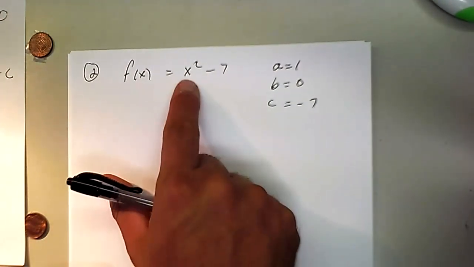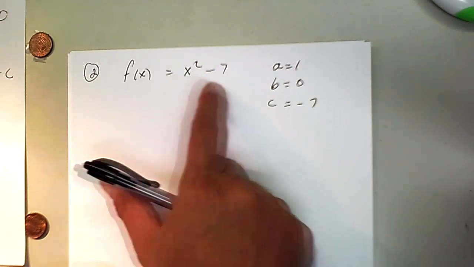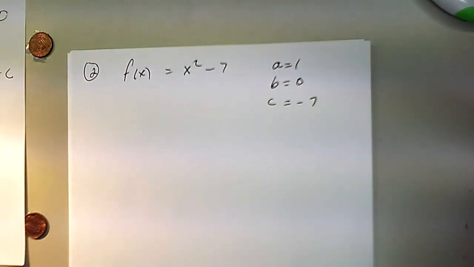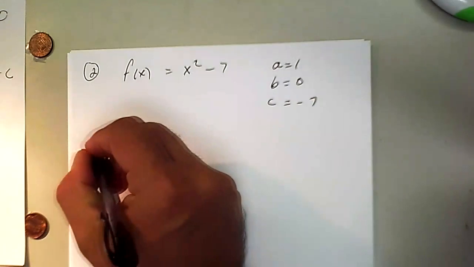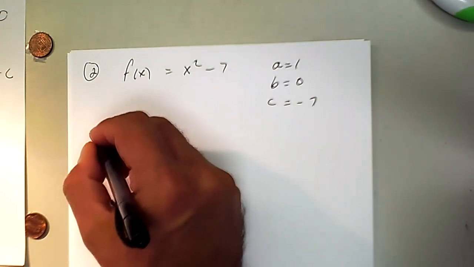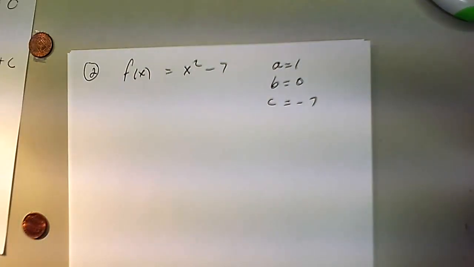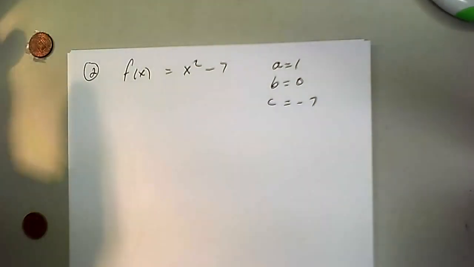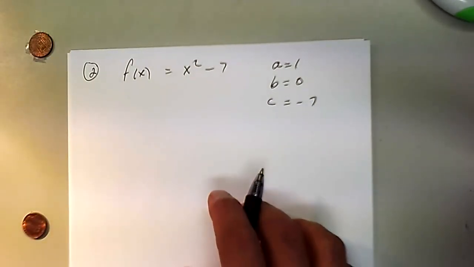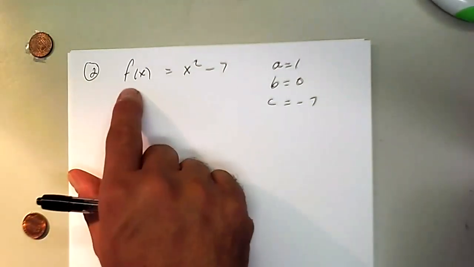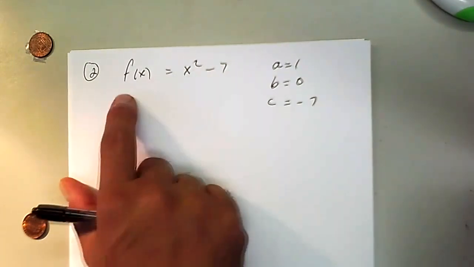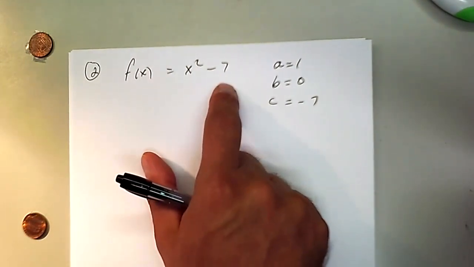So that is it. I was going to show you another example, but now I lost it. Every quadratic function, such as this one, is going to give us a parabola.